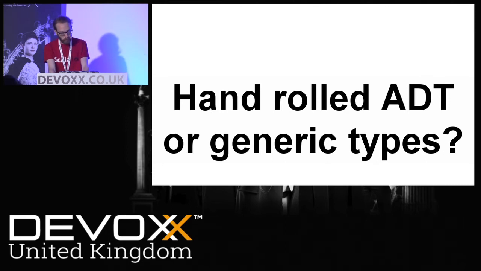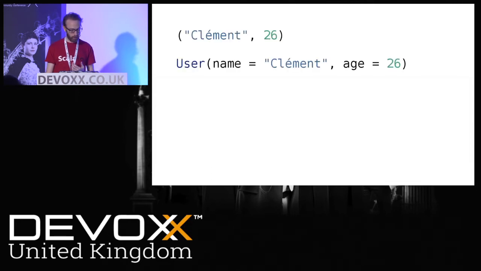Okay. Another thing is that you can use generic types like tuples and Either and stuff like that to encode your ADTs, or you can roll your own. I don't have a rule of thumb for that. Use your best judgment. I usually prefer to have explicit types, even though they're isomorphic. For instance, a tuple of string and int is isomorphic to a case class with string and int as fields.